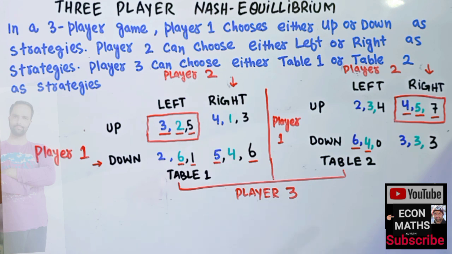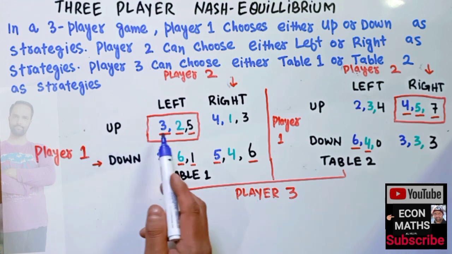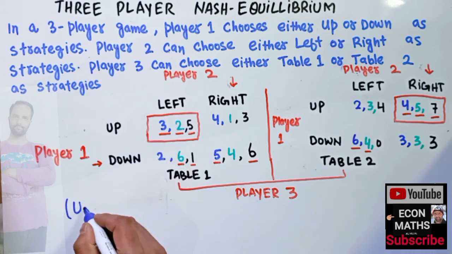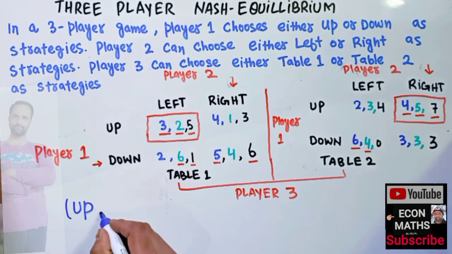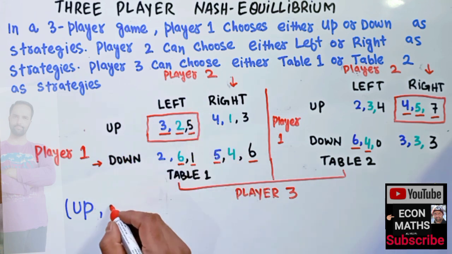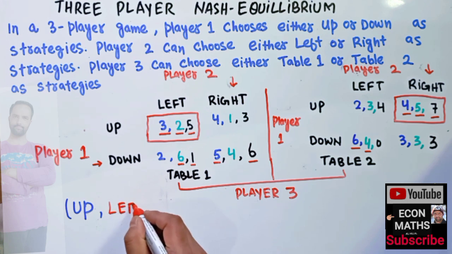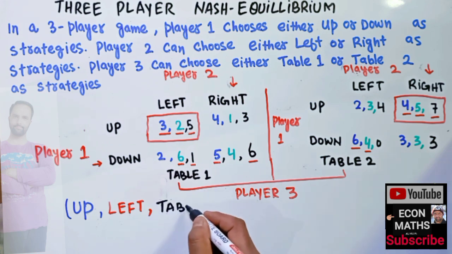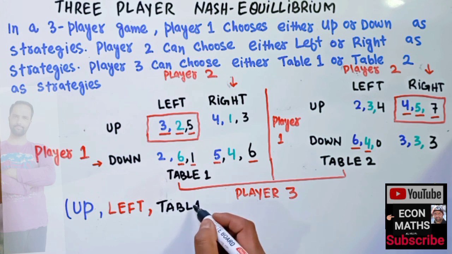Then what is the strategy profile for Nash equilibrium? So we have strategy profile, that is player 1 goes up, player 2 chooses left, and player 3 chooses table 1. This is one Nash equilibrium.